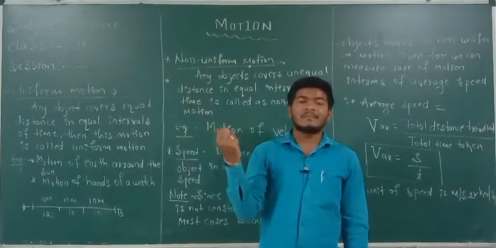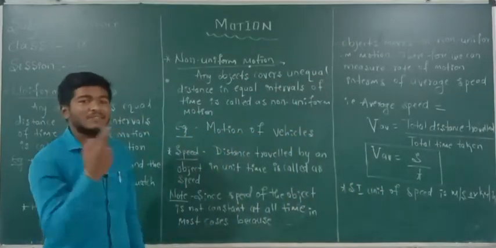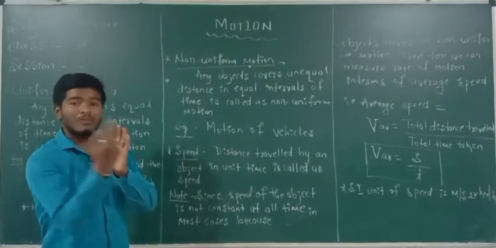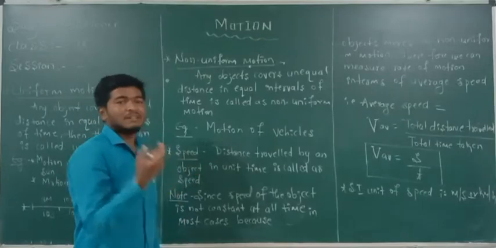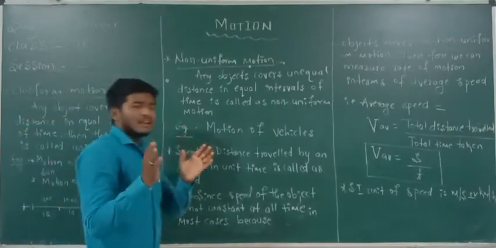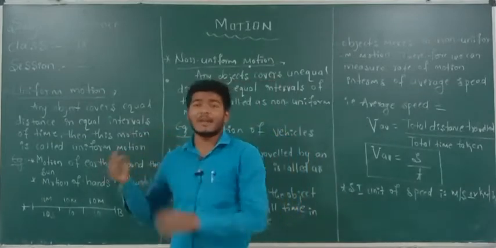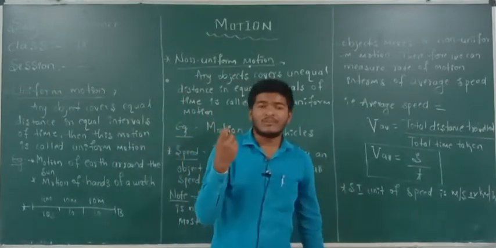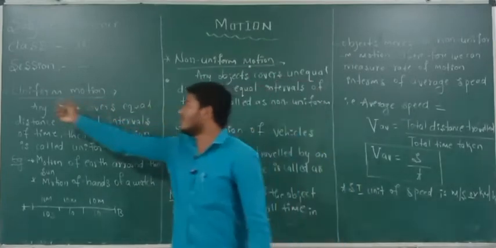The earth takes 365 days of time to cover one turn around the sun. This is always a constant. The earth covers equal distance in equal intervals of time around the sun. So therefore we say the motion of the earth around the sun is uniform motion.